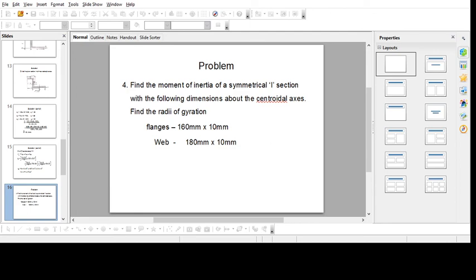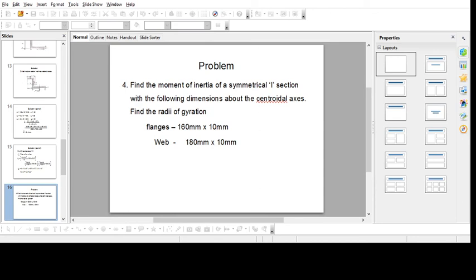Next, radius of gyration. So what is radius of gyration? The radius of gyration is the distance from the point where the entire area is said to be concentrated. So we already discussed that radius of gyration is the distance of the point about which the entire area is said to be concentrated.